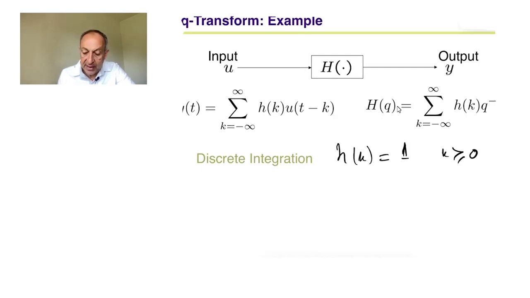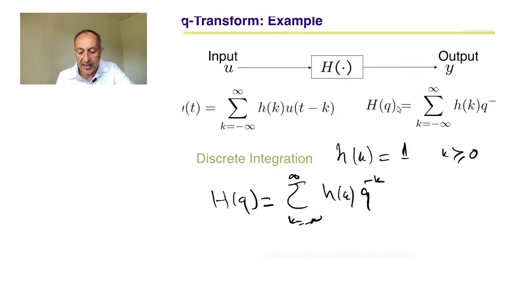We just plug it in. So h of q in this case is going to be just a summation from k equals minus infinity to infinity, h of k q to the minus k. But this would just be the same as k equals 0 to infinity, and h of k would be 1 at that point. So it's just a summation from k equals 0 to infinity, q to the minus k.